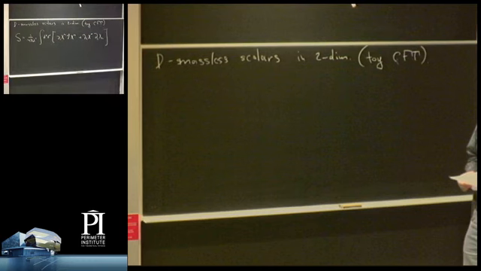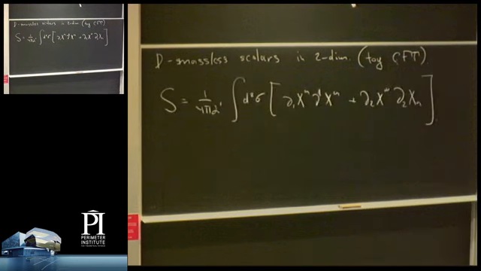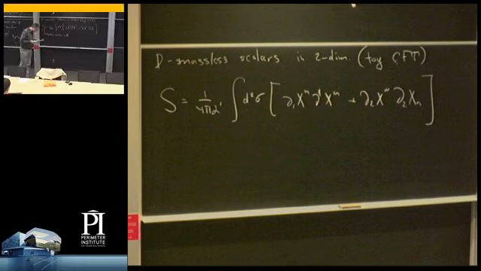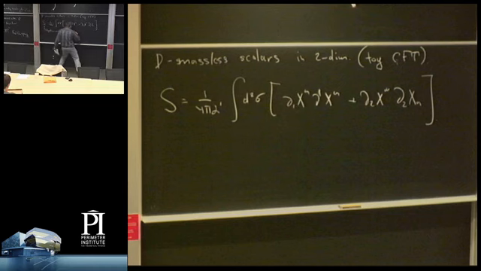Okay, so what I did, you can say that I started with a Polyakov action. I chose a flat metric on a worldsheet, right? So this is Polyakov action with a flat metric.